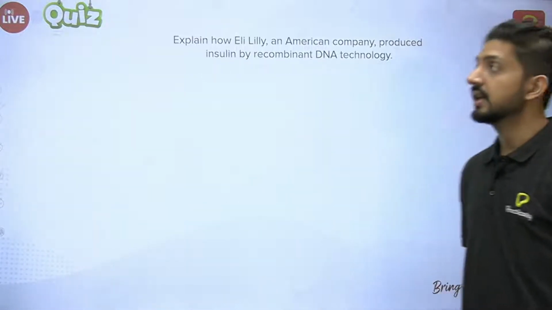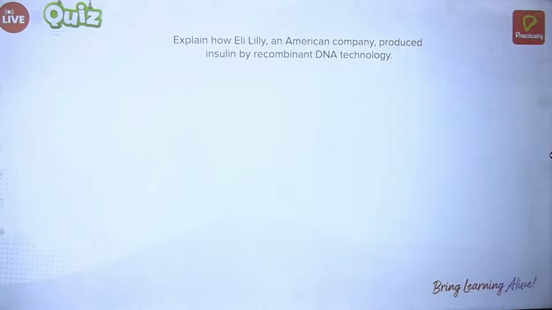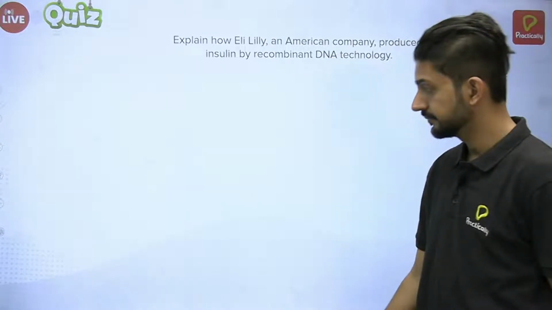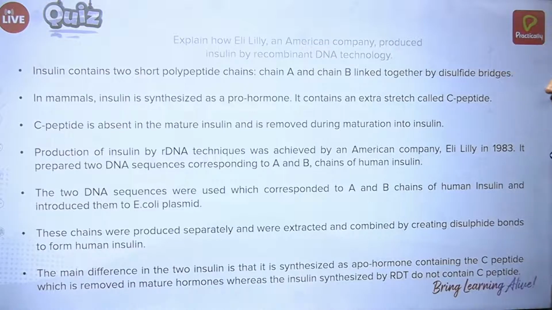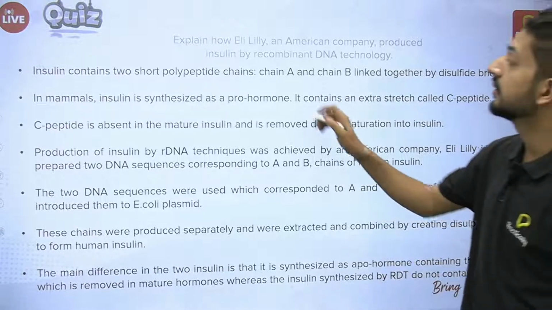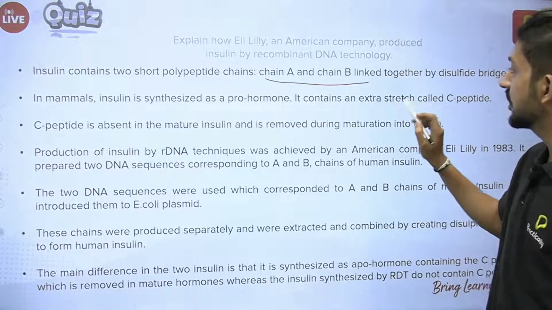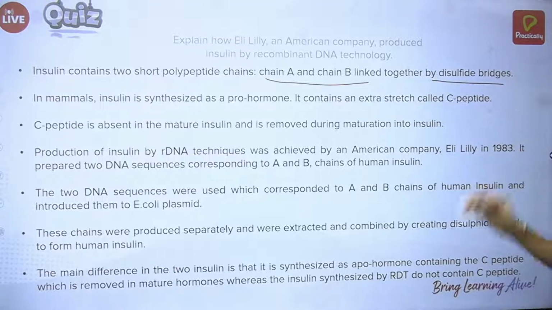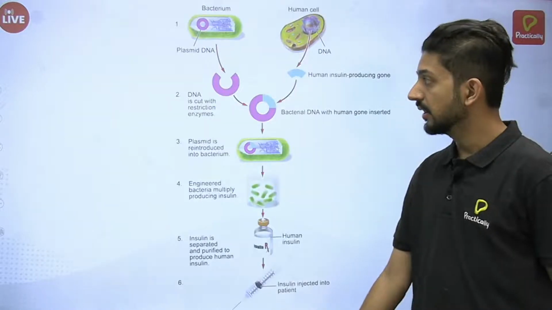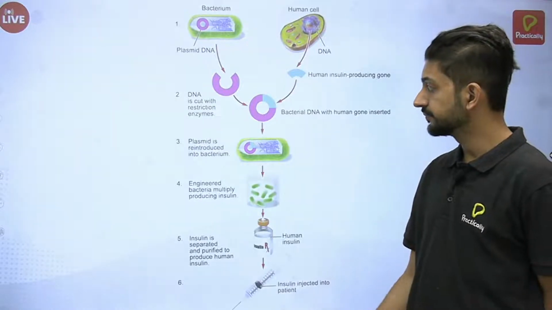Next question. Explain how Eli Lilly, an American company, produced insulin by recombinant DNA technology. Let's see. We know that the original insulin contains chain A and chain B, which are connected by disulfide bridges.